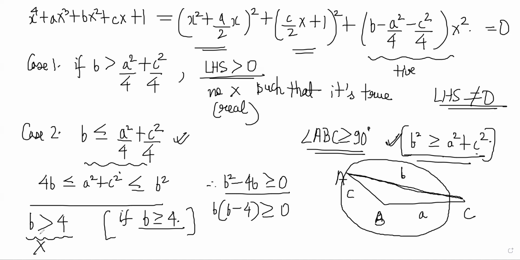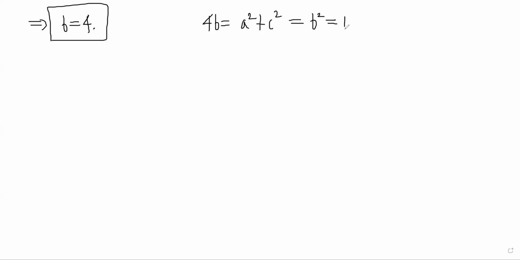The length of the side of a triangle has to be less than that. So b greater than 4 is not allowed, which means we get that b must be 4, right? Now we basically have the equality: b = a^2 + c^2, so b^2 is equal to 16.